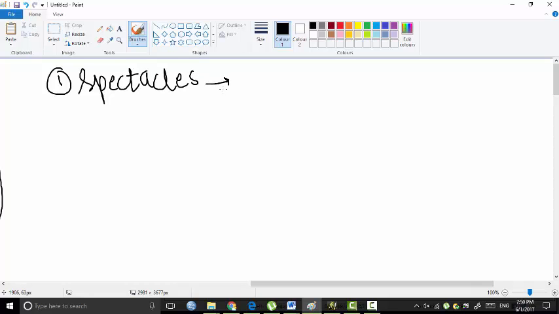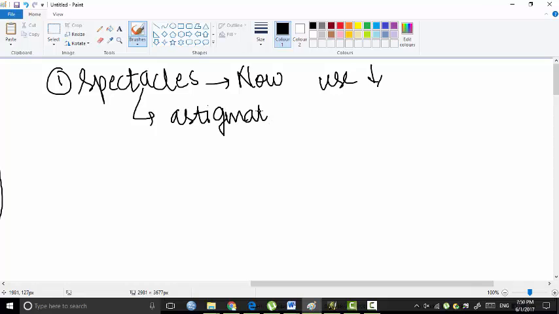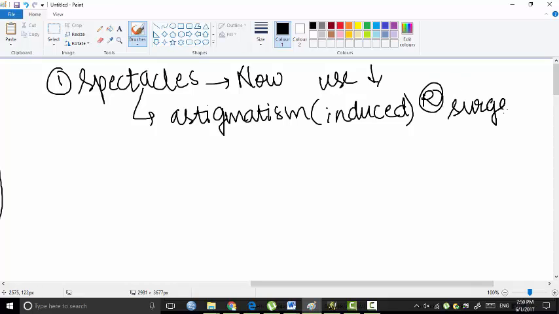Spectacles were used once upon a time, but now the use has decreased, and they are generally used to correct astigmatism, which is generally induced due to this aphakic surgery. To correct this induced astigmatism, we generally use spectacles, right?